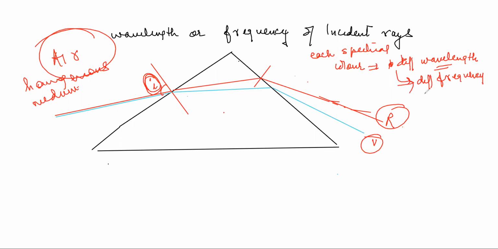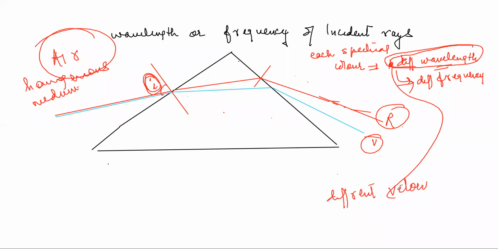Right? As soon as they enter the glass, glass takes them separately. Glass considers them as 7 different colors, or different waves coming to itself, and it provides different velocities to them.